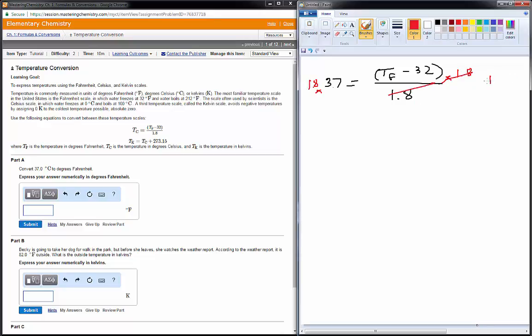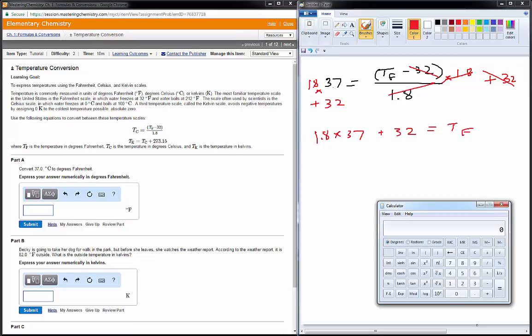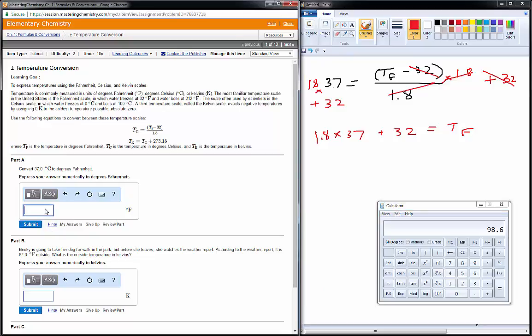Then I'm going to add 32 to both sides. Minus 32 plus 32 cancels, and what I get is 1.8 times 37 plus 32 equals my temperature in Fahrenheit. I can plug that into my handy-dandy calculator, and it gives me a temperature of 98.6.